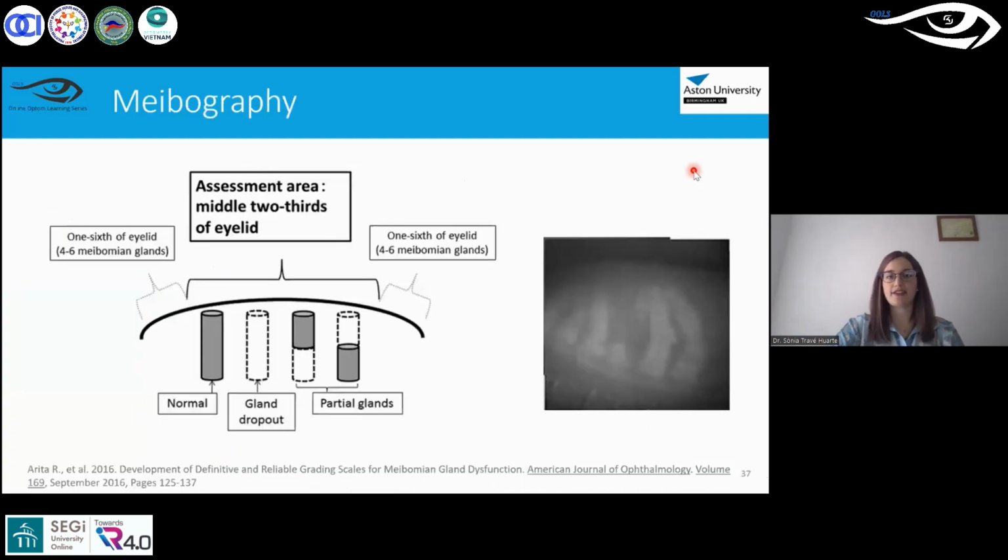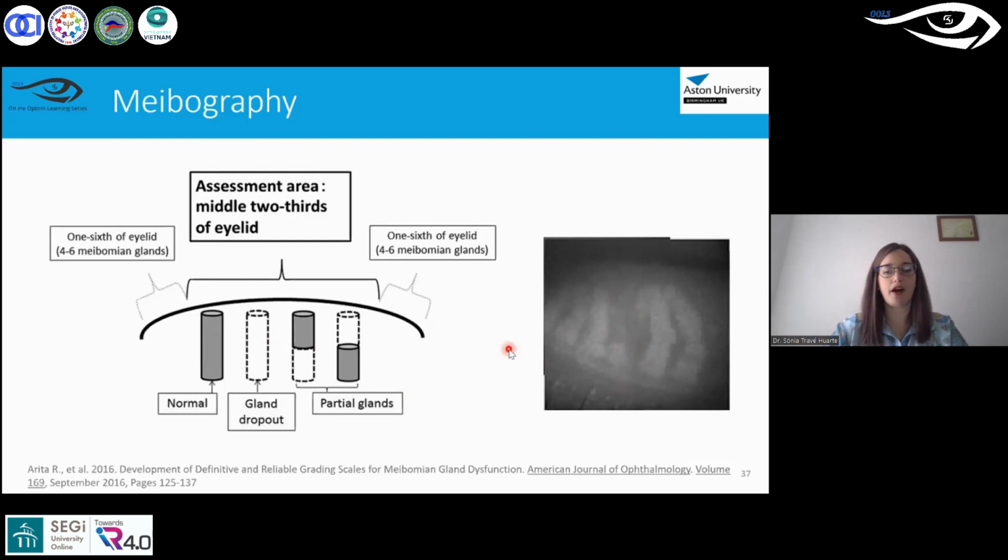This scale looks at how full those glands are. We could have a normal gland, which is full, like this one, even though it's a bit tortuous. A gland dropout, where you don't see a gland anymore, like in this bit. Or partial glands, like this one over here, where you still see the shape where the gland is, but where it used to go all the way through the lid, you don't see that anymore.